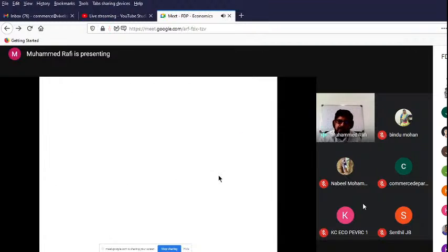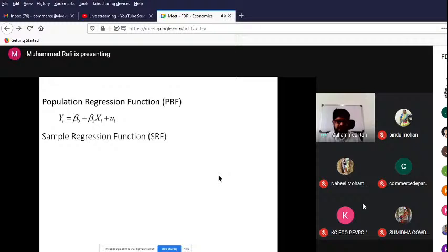Therefore, we would like to estimate the population regression function, whereas we are going for a sample regression function. So the aim is to get beta 0 and beta 1, whereas we are actually estimating beta 0 cap and beta 1 cap, which represent the sample regression function. And we infer about the population. That is the whole process we are doing.